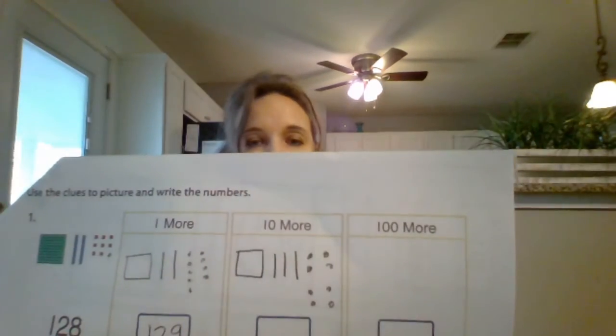Now it says add a stick of 10 more, because it says 10 more, so I'm just going to put 1 more stick of 10 down. Count it up. It's 100, 110, 120, 130, 131, 132, 133, 134, 135, 136, 137, 138. It is 138.